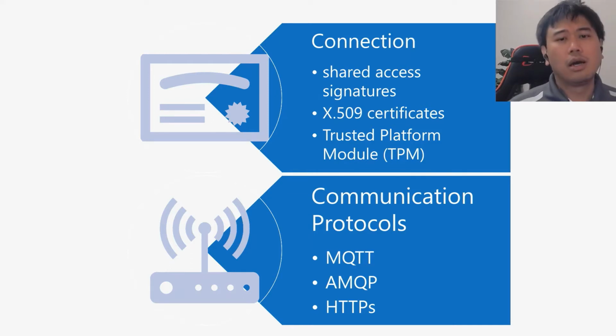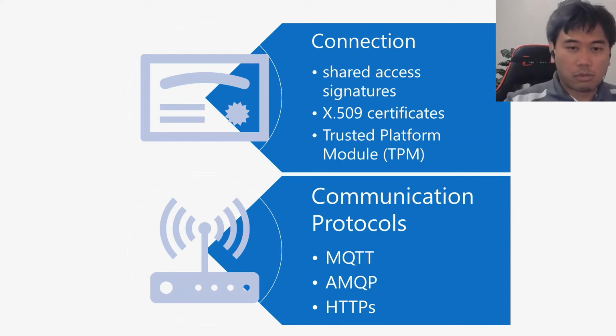Or a trusted platform module: there are specific modules on the chip to make sure that this device is what it says it is as it connects to IoT Central. There are different communication protocols between the two. It can be MQTT, AMQP, or sometimes HTTPS, for secure communication from the cloud to the device or device to the cloud.